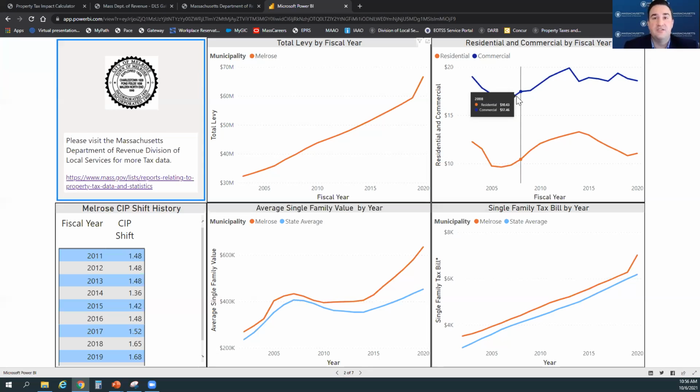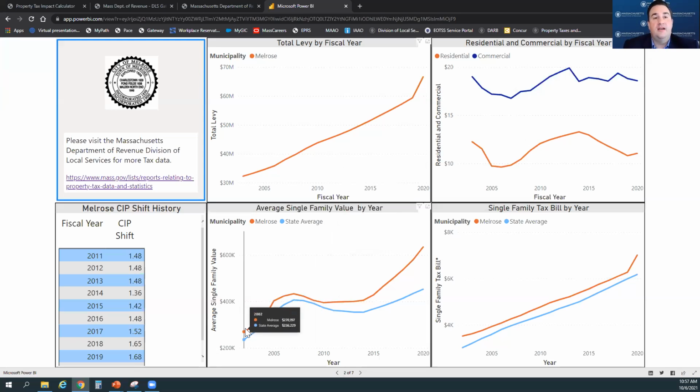So as the values go up, the tax rate will actually go down. As the values go down, the tax rate goes up to back into increased revenues or increased levies. You'll see on these slides the tax rate going up and down, and in Melrose, a lot of the values have been steadily going up.